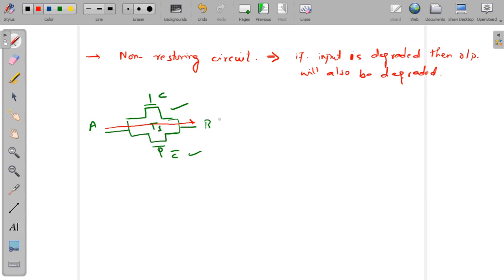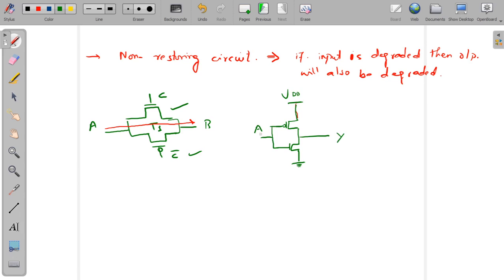Okay, but what happens in the case of a CMOS inverter? Let me draw one CMOS inverter again. Let's say this is a PMOS, this is NMOS, and this is VDD, this is output, and this is input.